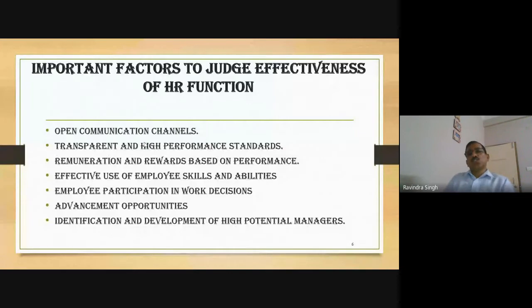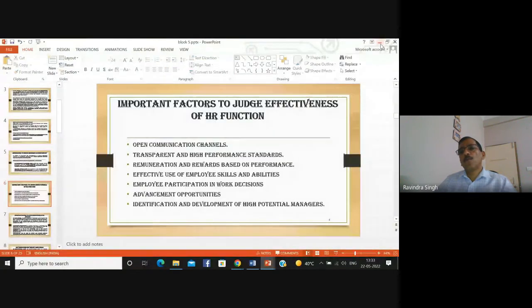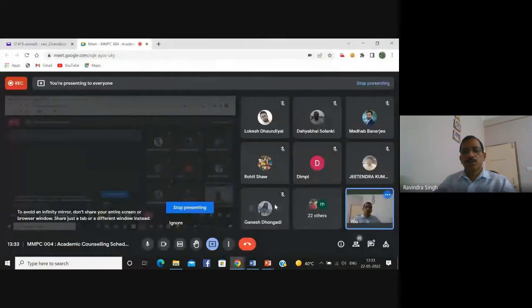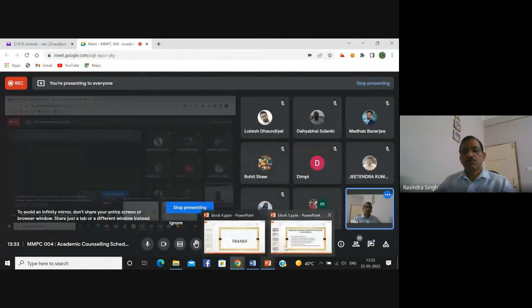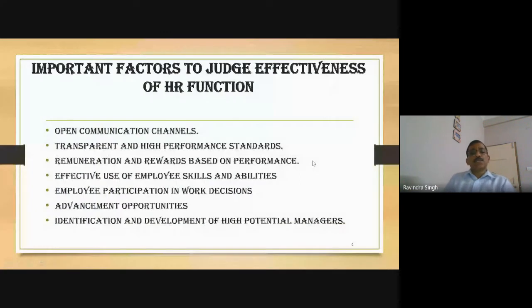Important factors to judge effectiveness of the HR function. Open communication channels. Any employee can follow the channel, and any head of department should be open to listen to their grievances.